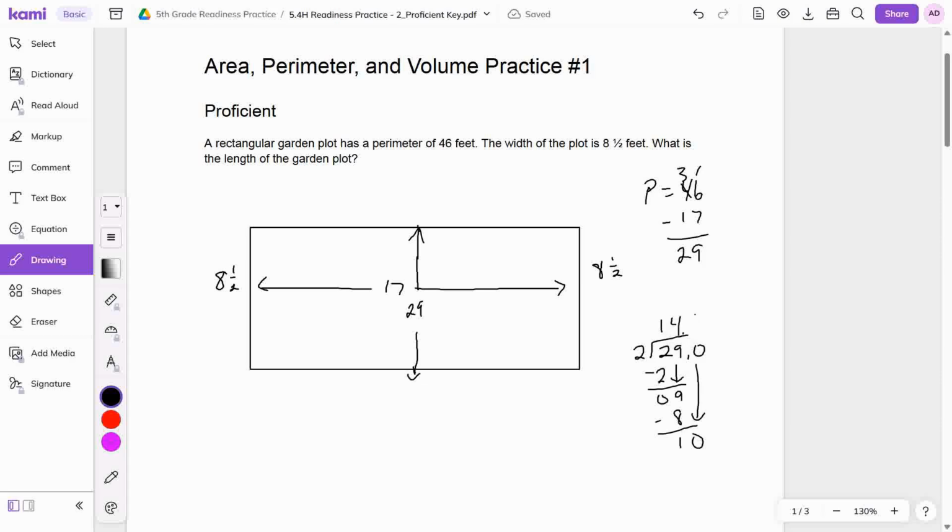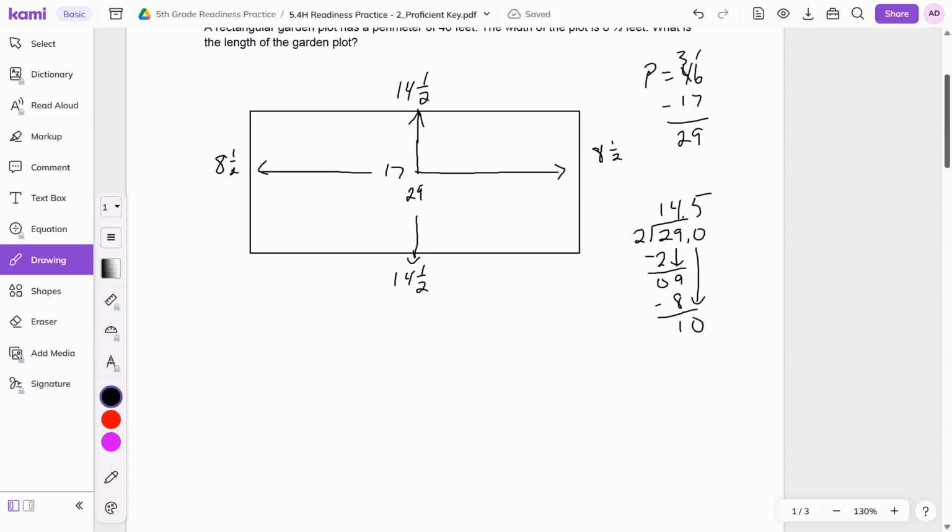So it's 14.5. Now, since they gave it to us as a decimal, 8.5, let's call it 14.5 because we know that 0.5, 5/10, is the same as 1/2. Now, to verify, let's just add them up. 8.5, 8.5, 14.5, 14.5. So the halves give us an extra 2.